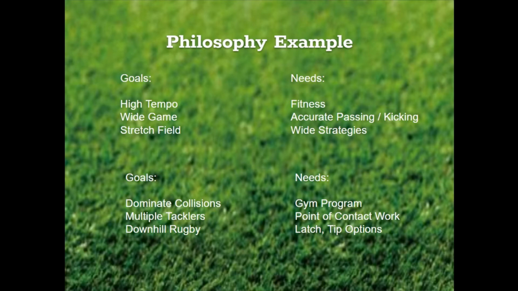If you're looking to stretch the field, well then you're going to need to work on your wider passing, more elusive running, probably some attacking kicks. Versus downhill rugby, where you're going to work on your point of contact skills, on latching, on securing breakdowns, on getting that separation and pulling in like two to three defenders per carry.